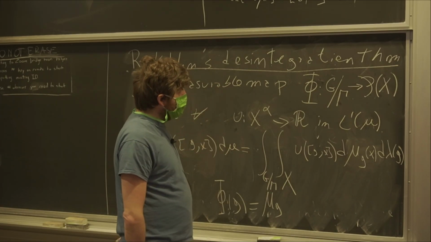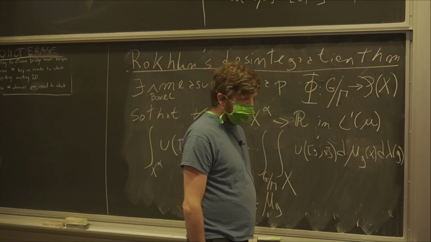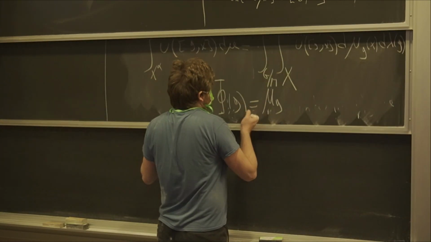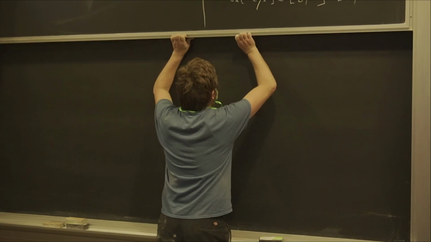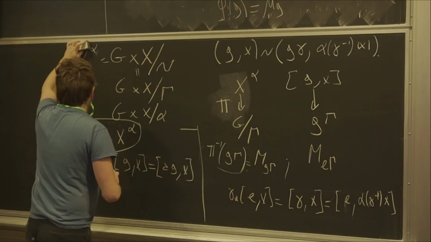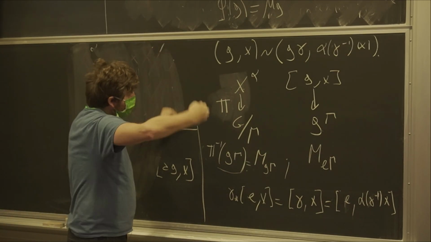So this is Rokhlin disintegration, which gives me this phi from G mod gamma into P of X. So it's a family of measures.